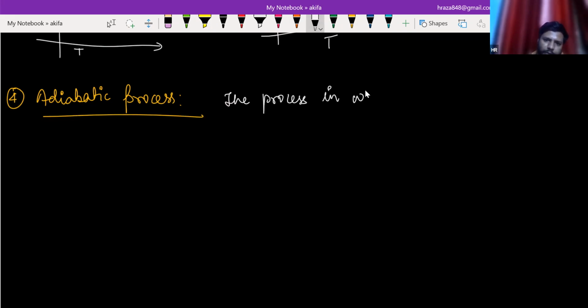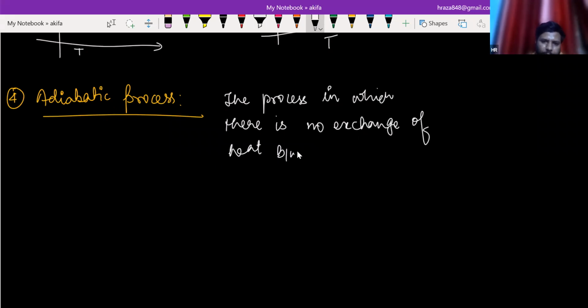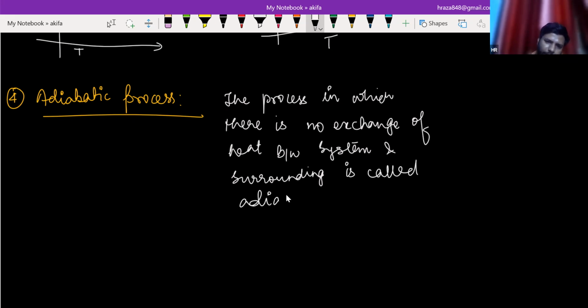The process in which there is no exchange of heat between system and surrounding is called adiabatic process.